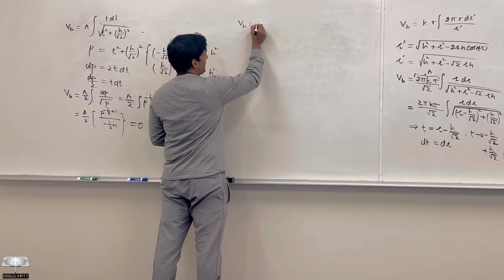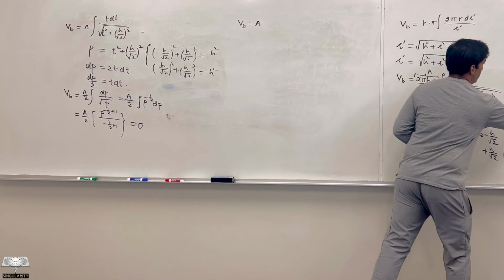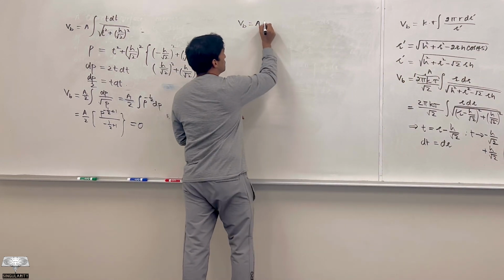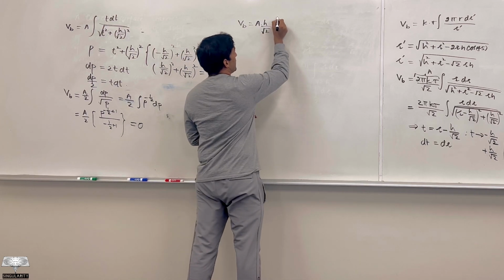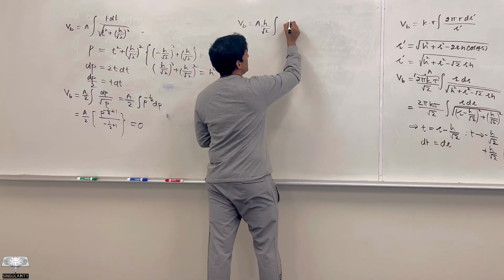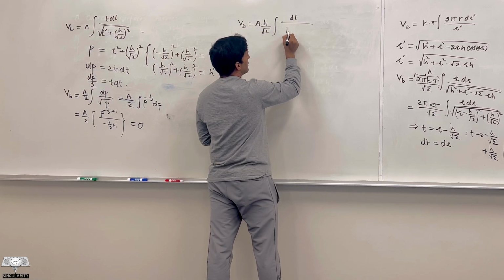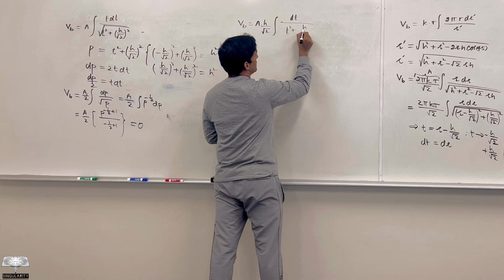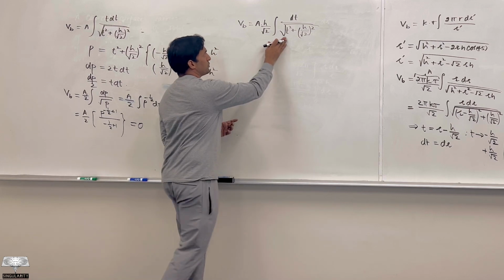We have constant A with us, and then from the second integral we have a factor of h divided by square root 2, and then we have the integral dt divided by the square root of t square plus h divided by square root 2 whole square.